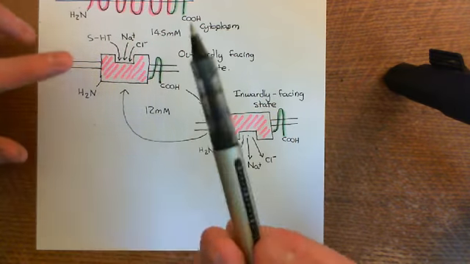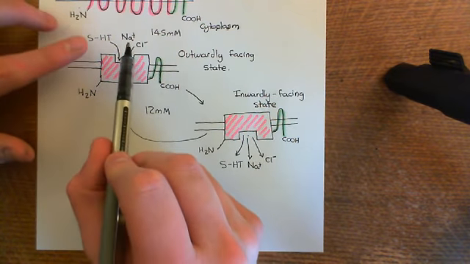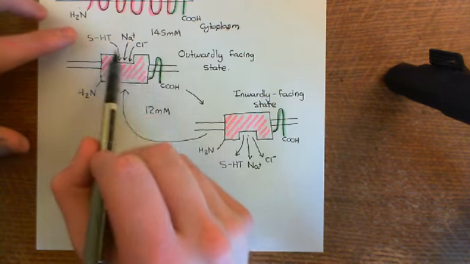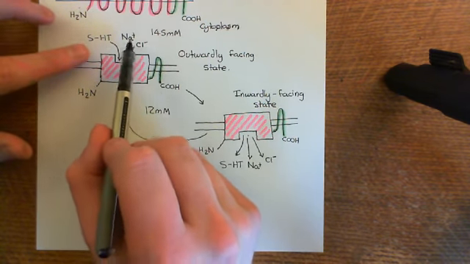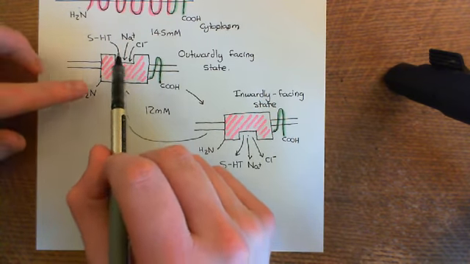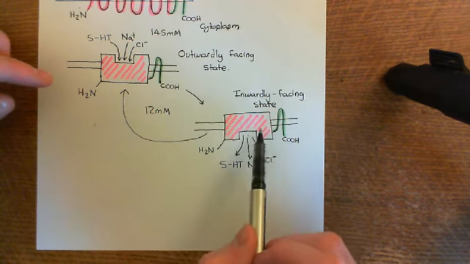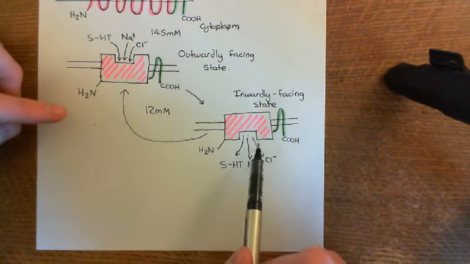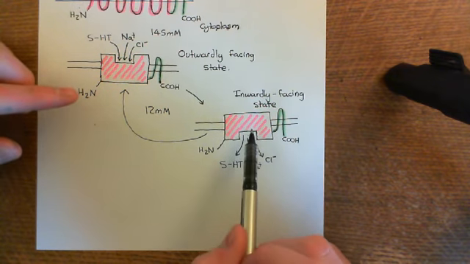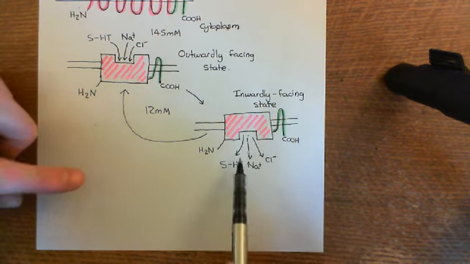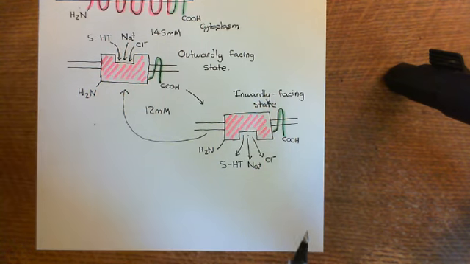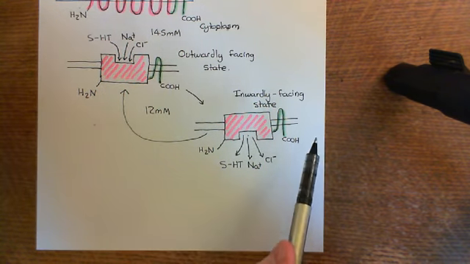To summarize, when you're in the outwardly facing state, you have a high affinity for the substrate, the sodium and the chloride. When they bind, they cause you to change conformation, into a conformation where you have low affinity for those molecules, but by moving into this conformation you have moved them inadvertently across the membrane, and when you let go of them, they're released into the cytoplasm.